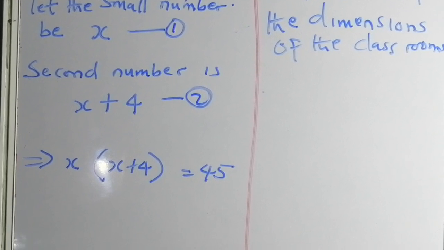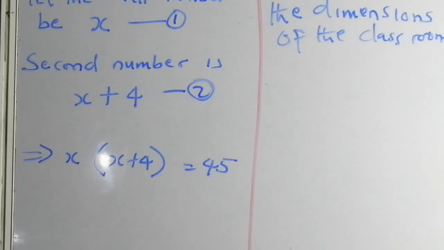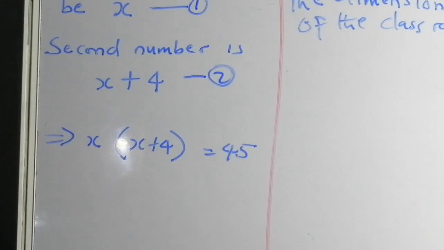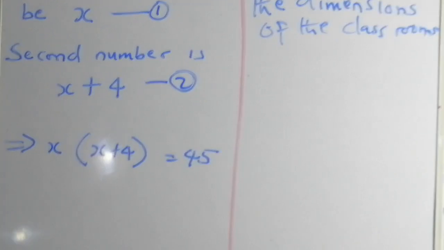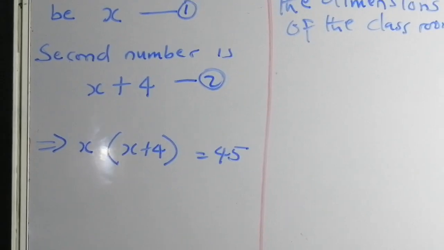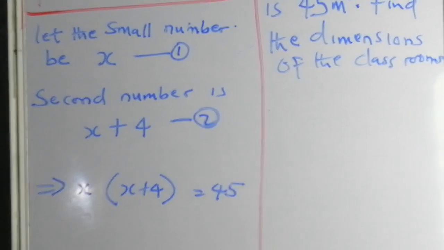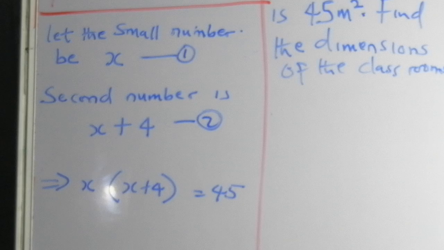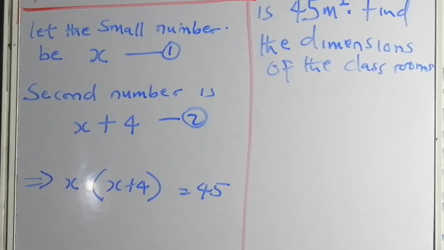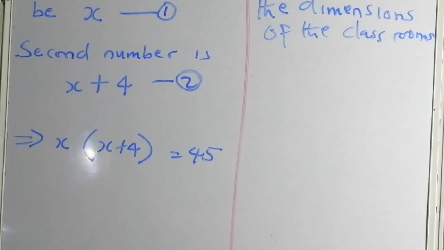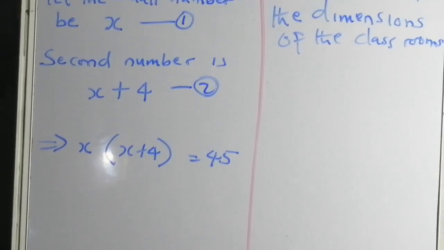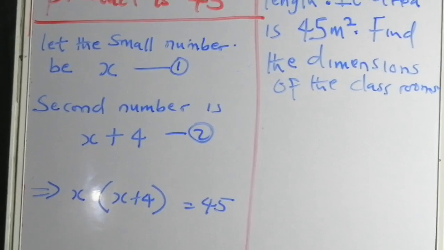Some people, when they see word statements like this, run away from it, especially the young students. They feel that it is confusing, but it's not confusing. All you need to do is split the statement and interpret it. Like in this statement, find two numbers. We don't know the two numbers, so I represented the smaller number by x.